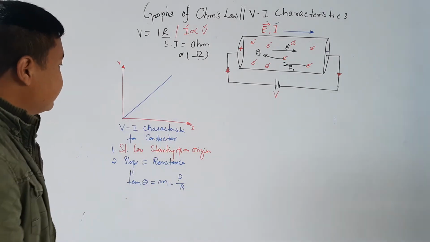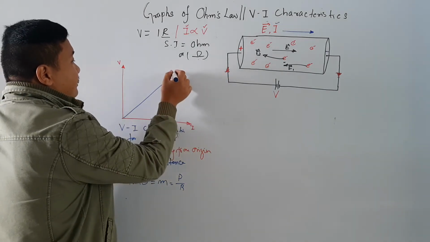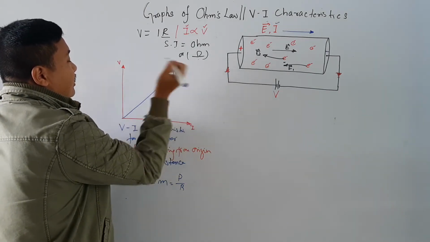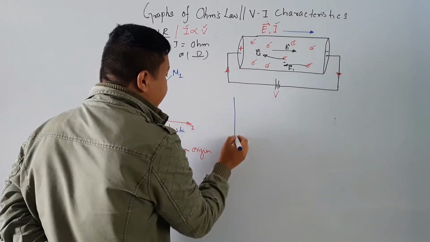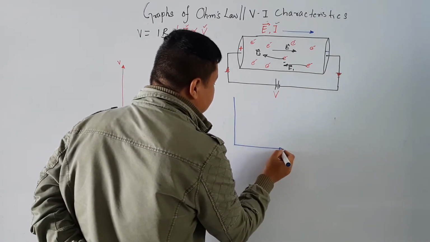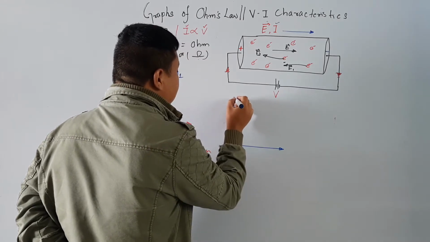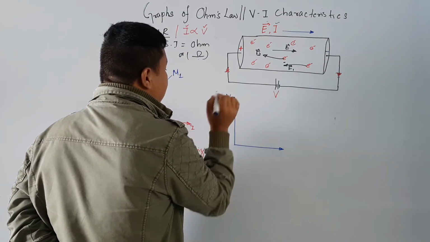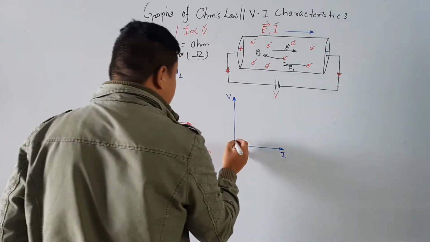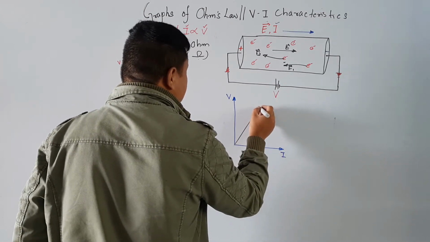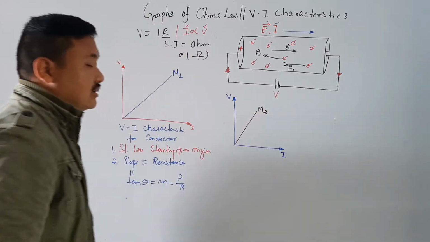Now say this is for metal 1 or conductor 1. Now if I give you another graph like this, because this is important, someone may ask this in the exam. So this is I, and I have a graph like this. This is my metal 2 or conductor 2.